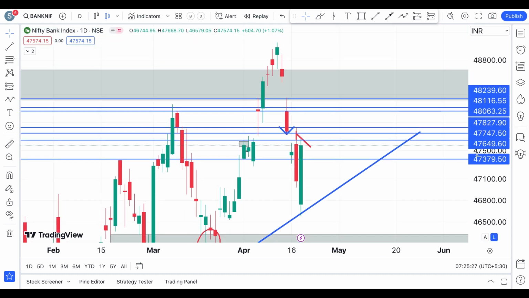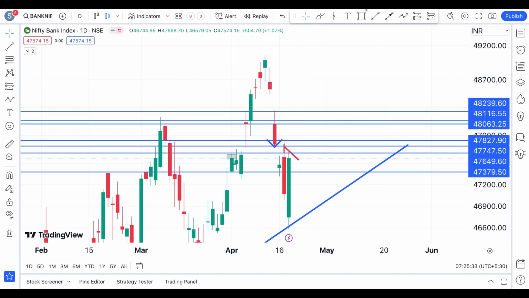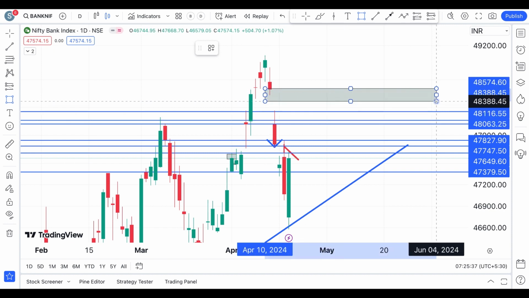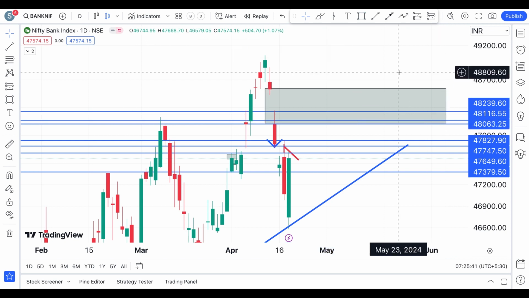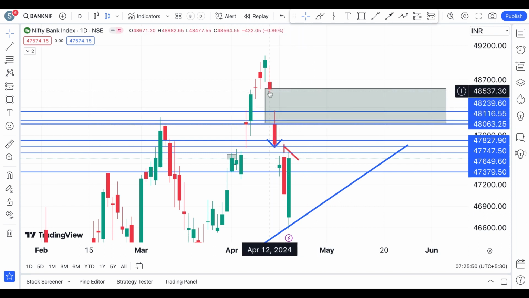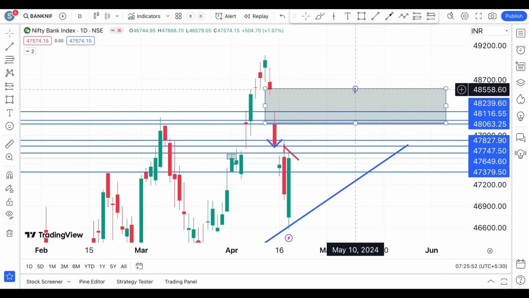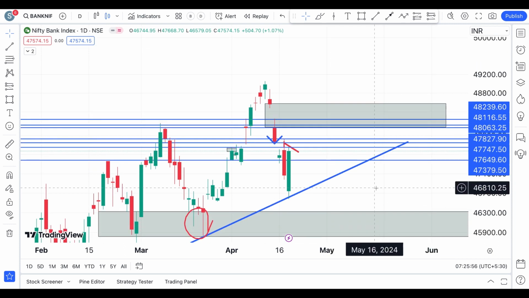If you want to pay more attention, and suppose the market is showing momentum today and going further up, then you can also keep an eye on this gap between these two candles. It is going to act as resistance if price action reaches there for the first time. So pay attention to that as well.